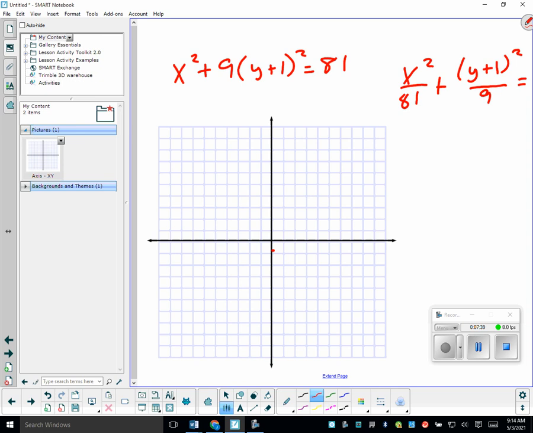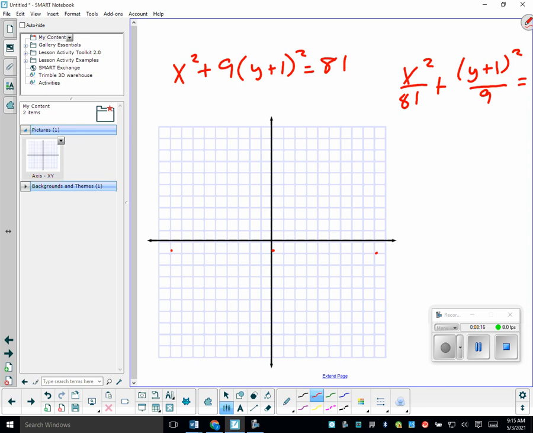How many do I go in my x direction? 9. But don't I have to go where y is negative 1? Yeah. So it's here and here. How many do I go in the y direction? 3.